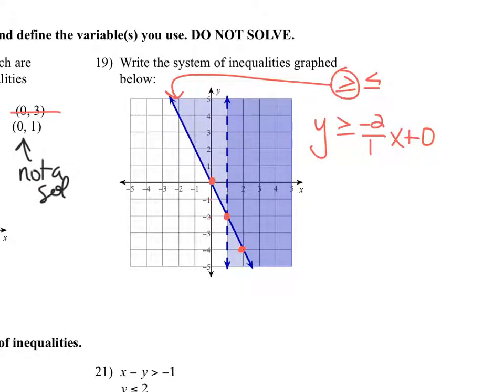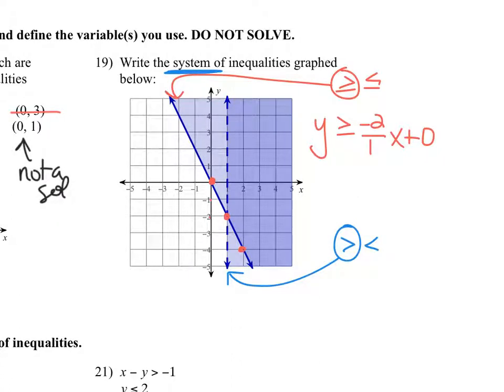All right, my second line. Because it says system, remember I've got to write 2. So this second inequality, I notice that that's a dashed line, so that's going to be either greater than or less than. Now I'm not shading above or below on it, but it does look like I'm shading to the right, which to me is a greater than direction, so I'm going to say that this is greater than. Now this time I'm not even crossing through the y-axis.